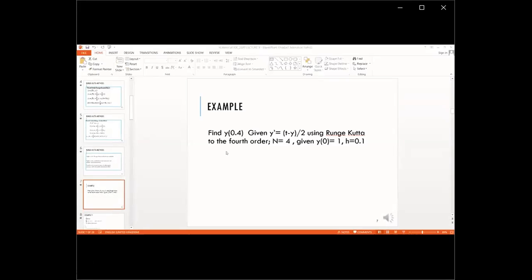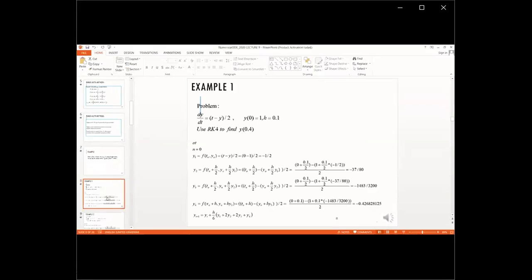Now, how do we go about this? It's very simple. Like I said, first you've been given the question, dy/dt is equal to t minus y over 2, given initial conditions.